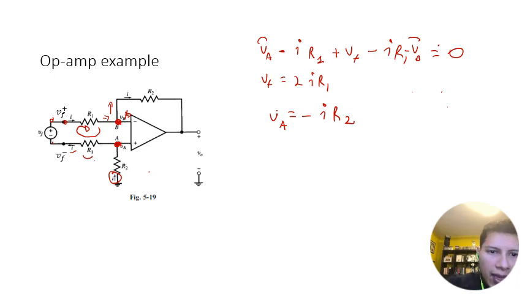And you also have that VB equals V out, right, plus I R2.